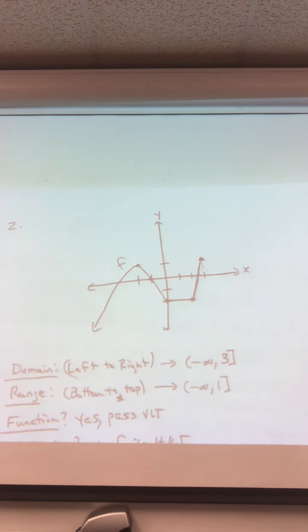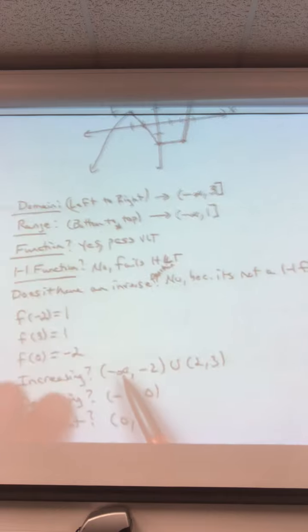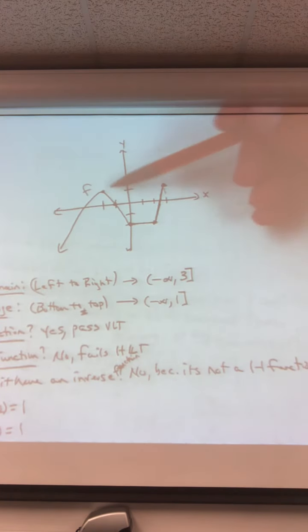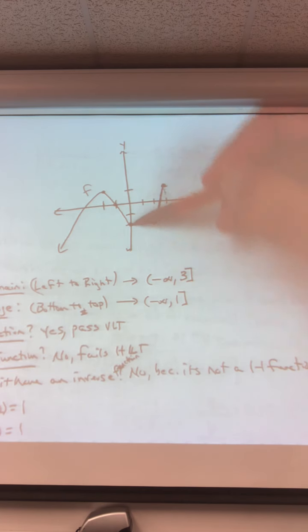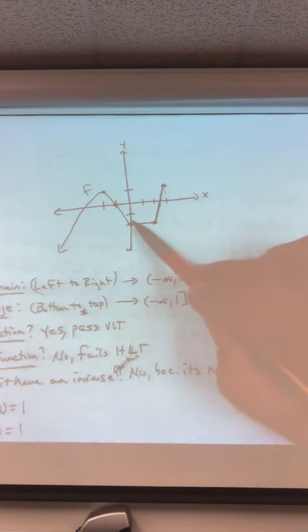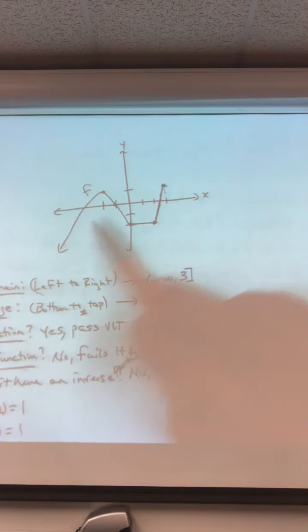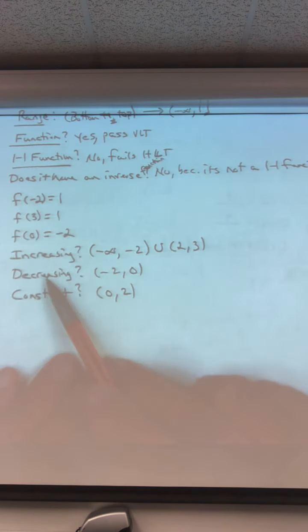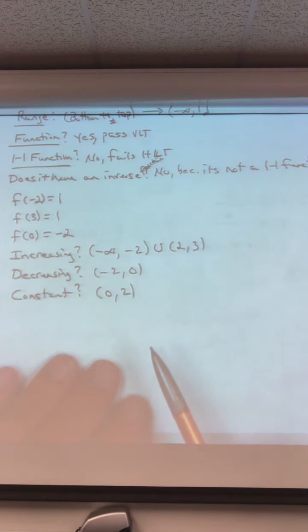That's where this comes from. Now, when you leave negative 2, now you're decreasing. And you're decreasing till you get to right here. Now, once again, when you get right here, I want to know the x value, which is 0. So you're going down from negative 2 to 0. Decreasing from negative 2 to 0.